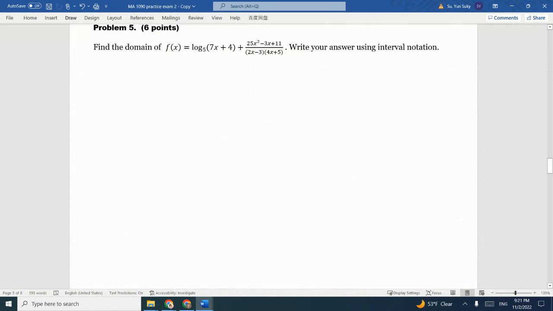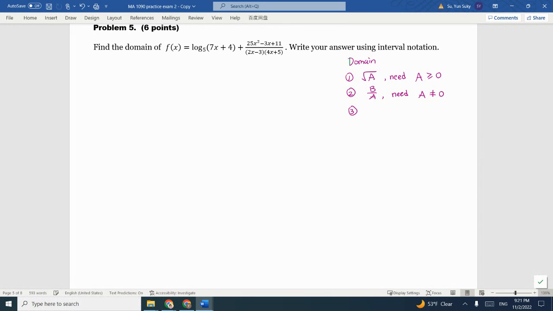And what do we need to know? Domain. Okay. So for domain, we have three types of functions that we need to consider. If you have a square root, then we need the thing inside the square root to be greater than or equal to 0. If we have fractions, then we need the denominator not to be 0.